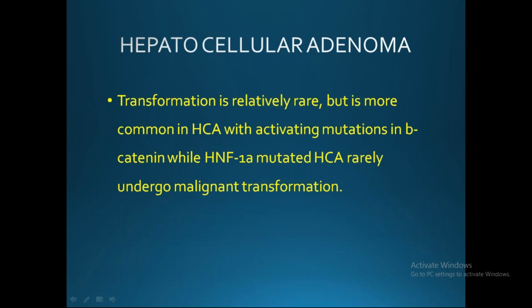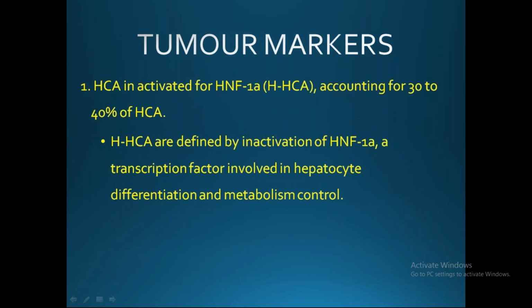The main mutations are in B-catenin, while HNF1A mutation can also be seen in hepatocellular adenoma, which transforms into hepatocellular carcinoma. These are the mutations, that is HNF1A and B-catenin. Due to mutations in these genes, malignant transformation occurs.